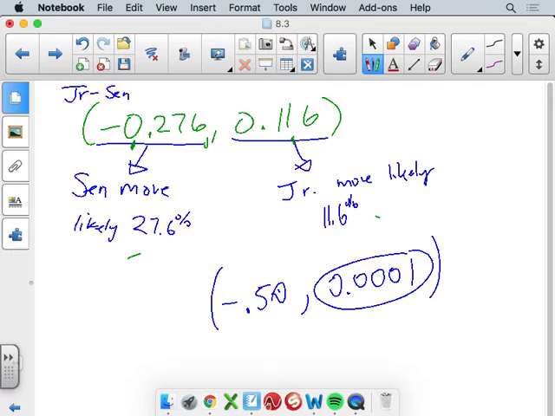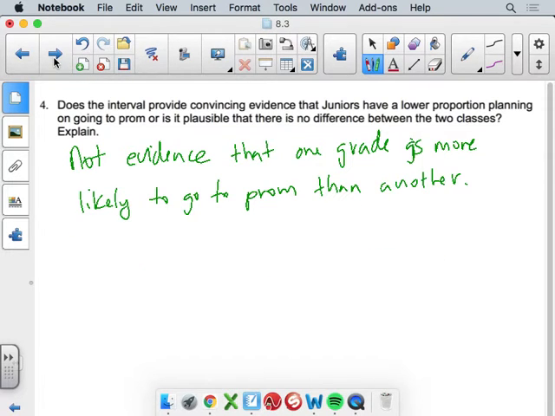This interval is just somewhere in this interval. And since I had a positive number, there's not enough evidence. Even if it's the smallest positive number possible, there's still a chance. So, not enough evidence.